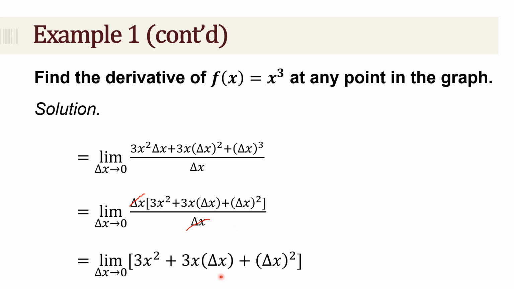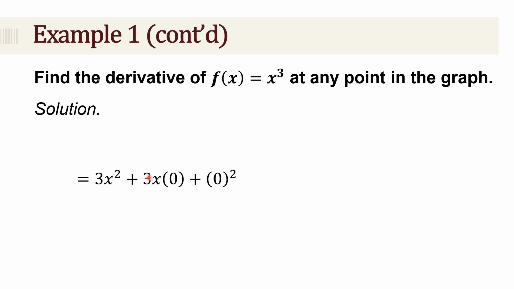So, we now have the limit of 3x squared plus 3x delta x plus delta x squared as delta x approaches 0. Now, by direct substitution, that is 3x squared plus 3x times 0 plus 0 squared, or that is now f prime of x is equal to 3x squared.